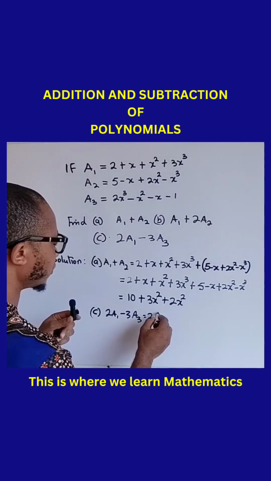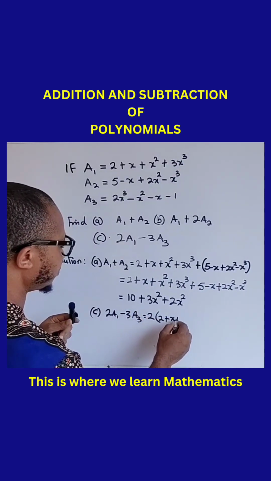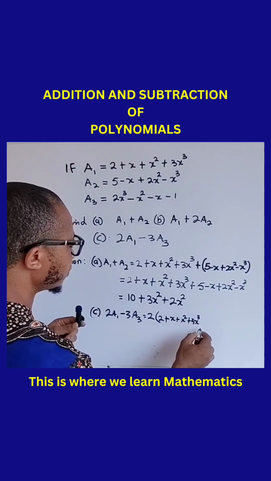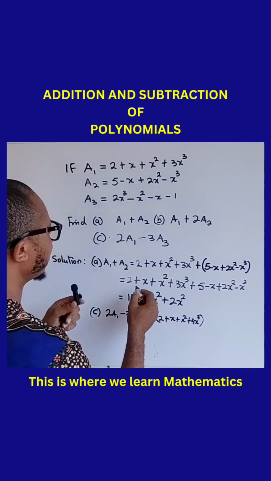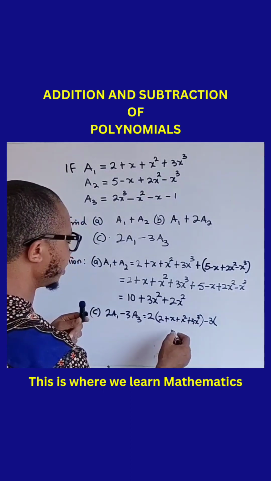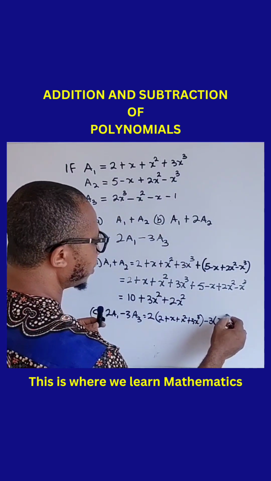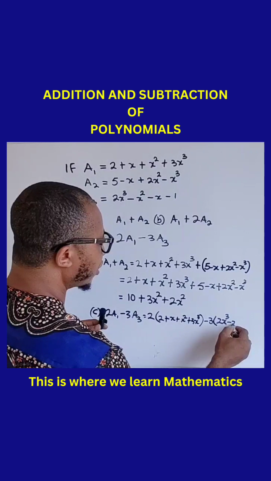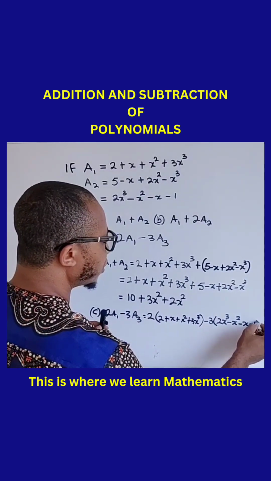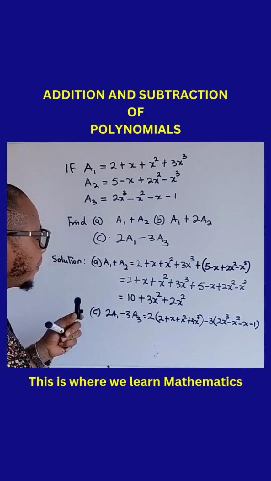We have 2 bracket, a1 is 2 plus x squared plus 3x cubed, bracket closes, then minus 3a3 is 3 bracket, a3 is 2x cubed minus x squared minus x, then minus 1. We close the bracket.